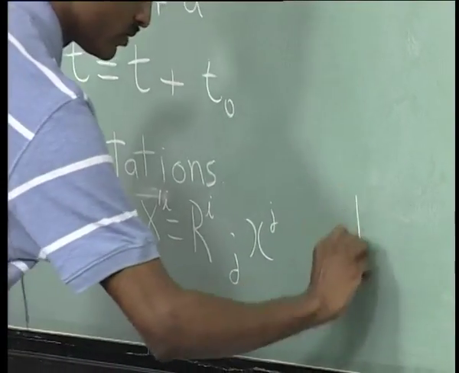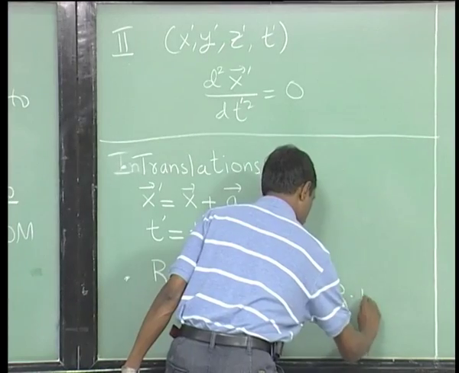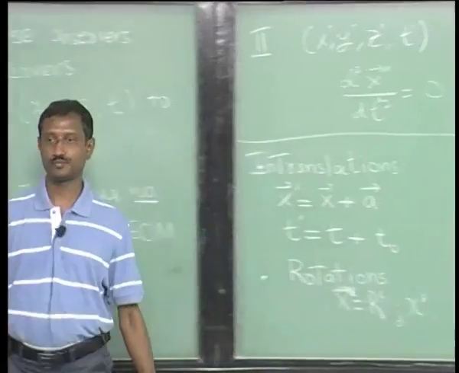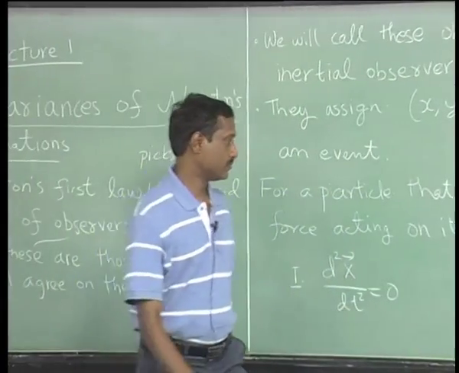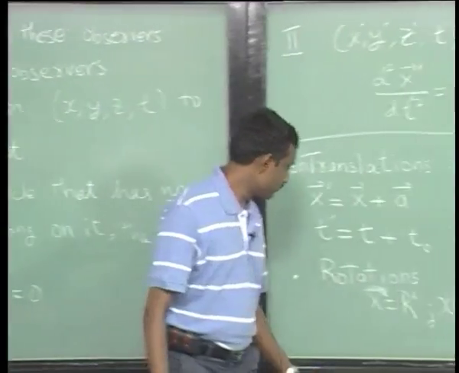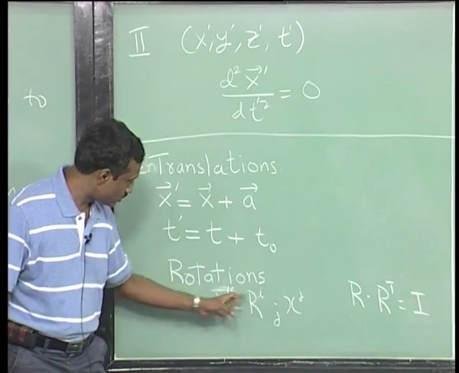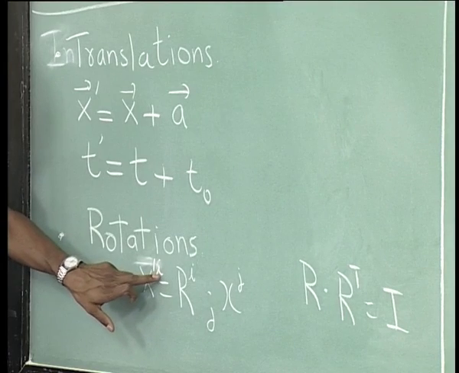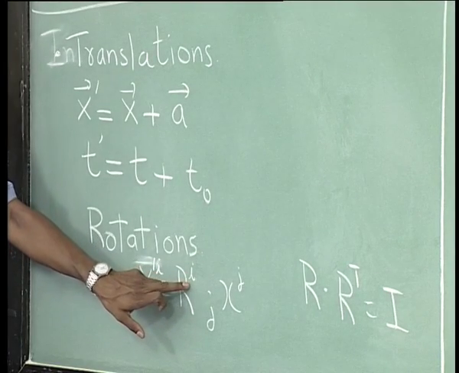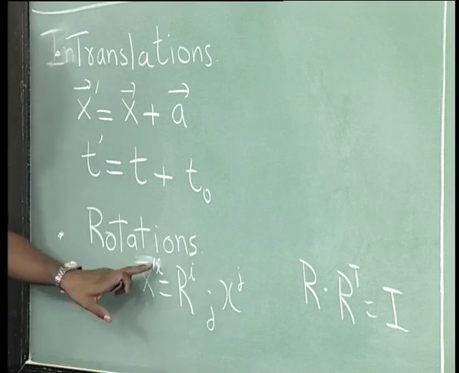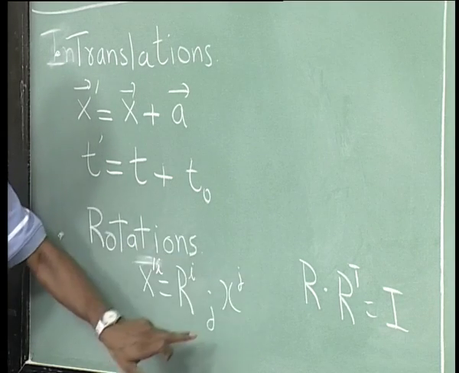So, this satisfies R times R transpose is identity. And if you notice, I am preserving something here. I is an upper index here, I keep it as an upper index there, and j is a lower index.